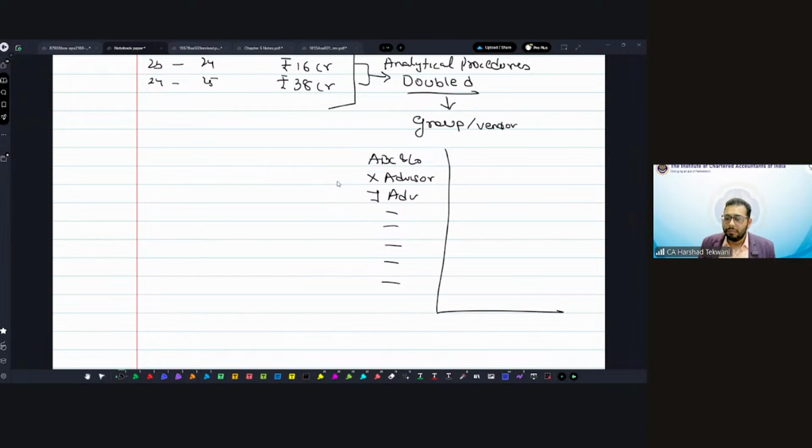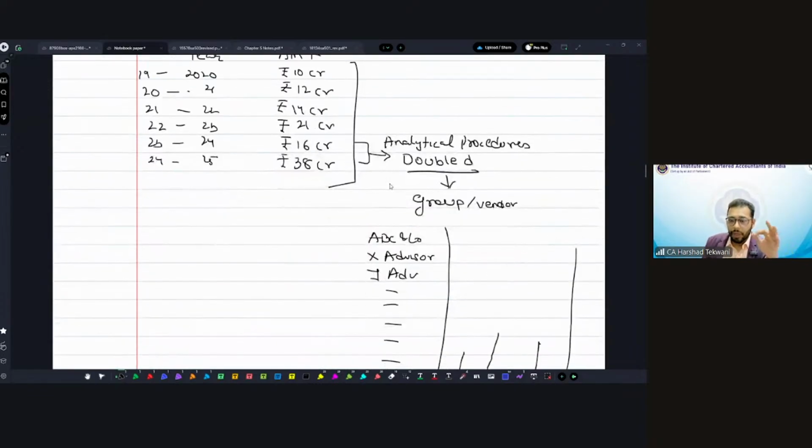Let's say ABC was this much, next year ABC increased a bit, and then increased a bit again. X Advisors increased drastically in 2024-25. Now go and see the reason why X Advisors increased. There you can identify the reason for the increase.